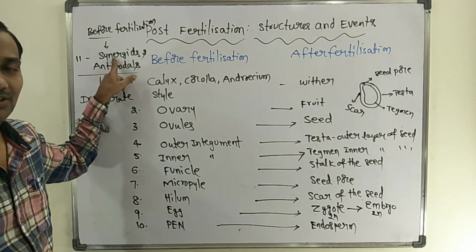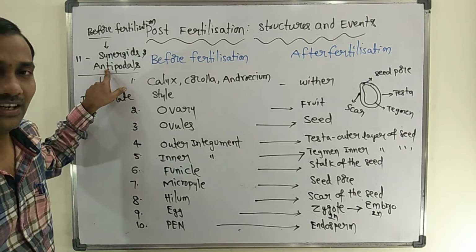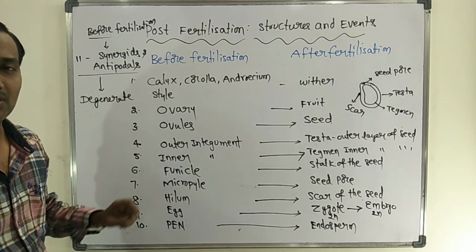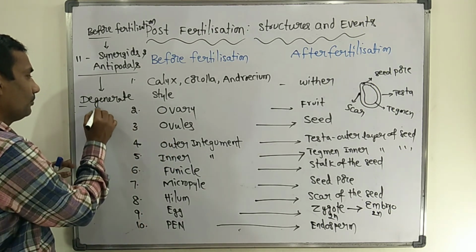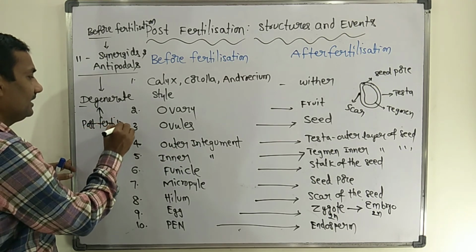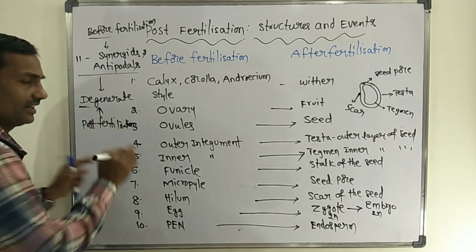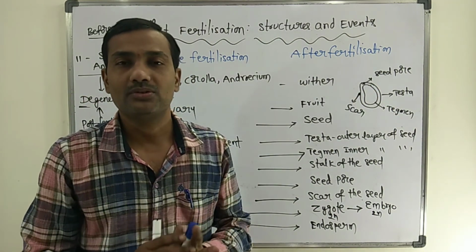How many synergids will be there? Two synergids. How many antipodals will be there in the embryo sac? Three antipodals. All these five cells degenerate after fertilization. Degenerate means they rupture and are destroyed in the embryo sac.